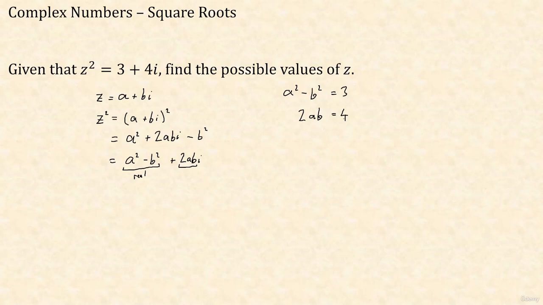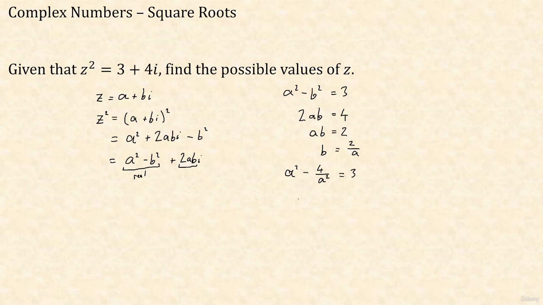Let me show you. I'm going to do it using substitution. I'm going to take this and divide through by 2 to get ab equals 2, and dividing through by a, I get b is 2 over a. I'm going to sub that into here. So I get a squared minus b squared, and when I square b, I get 4 over a squared, and that equals 3.